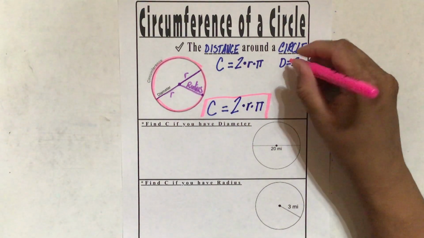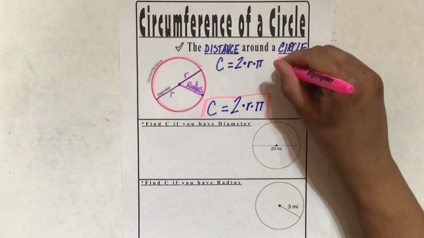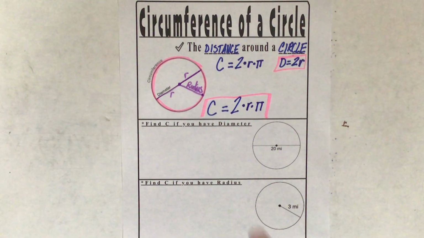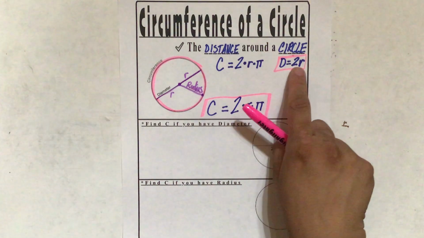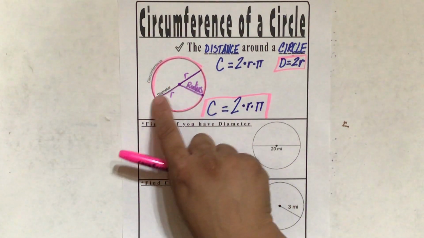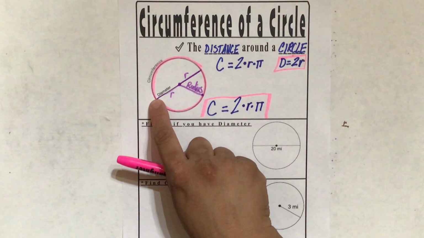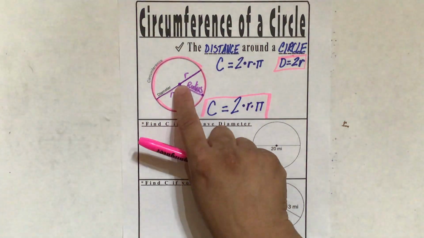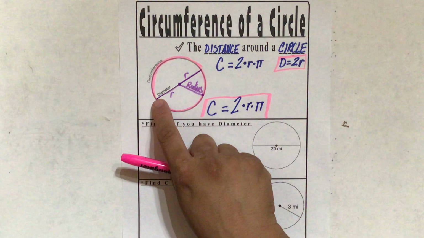Now, I want you to also remember that formula as well. Diameter is equal to 2r. The diameter from a point from one side of the circle all the way to the other, passing through the center, is equal to 2r's.